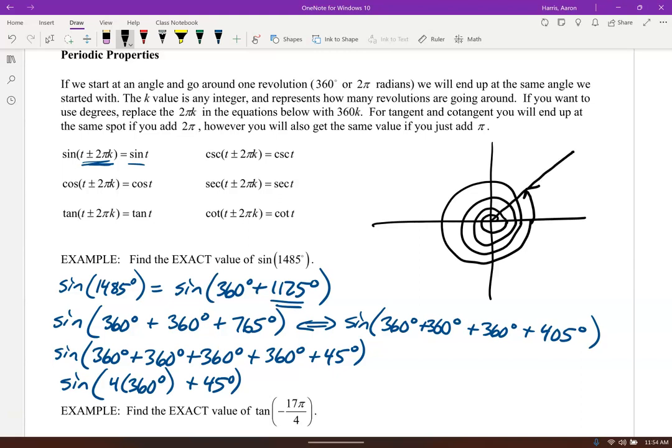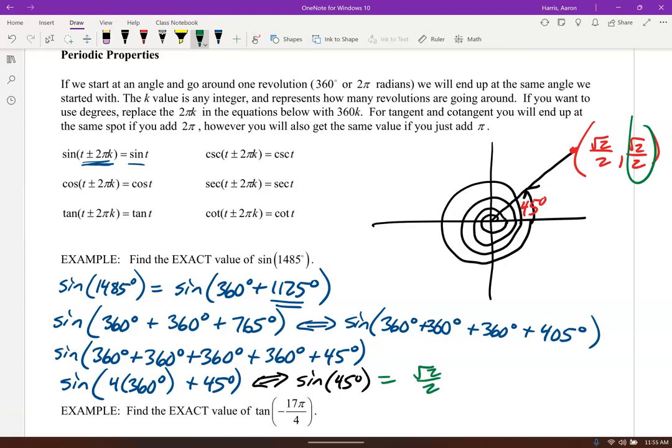So the sine of 1485 is the exact same thing as the sine of 45 degrees. So I find that point on my unit circle, or construct the point when you're constructing it on the test. And the sine is the y value, so root 2 over 2. And that's it.